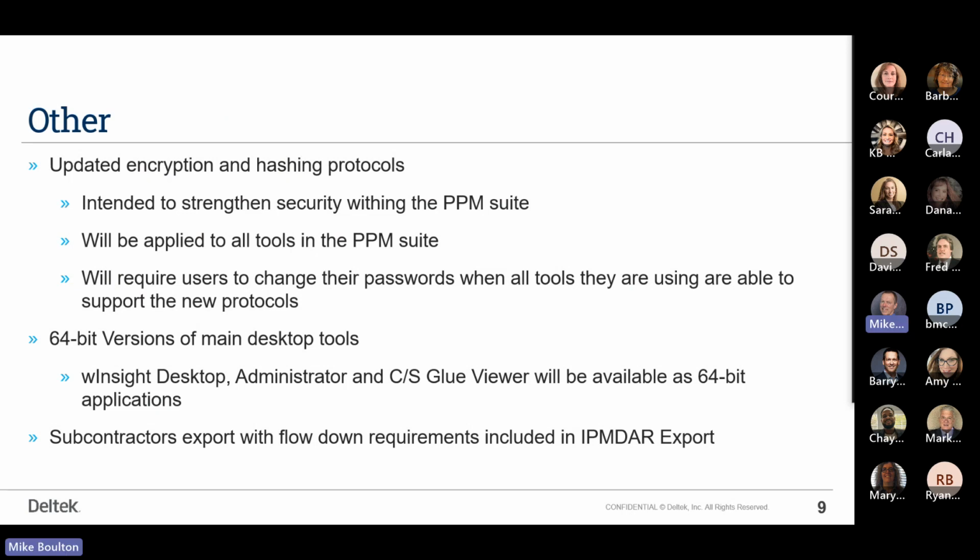Then we've got the 64-bit versions. So that's just an installer thing. When you download, you'll have a choice to download 64-bit versions of the main applications. Of course, WAM is already 64-bit, so the WAM tool, or the wInsight analytics module which uses ClickView, is already 64-bit.